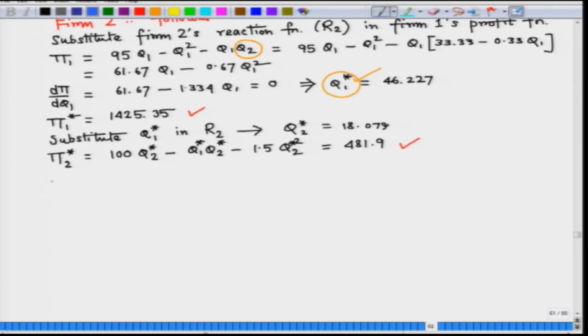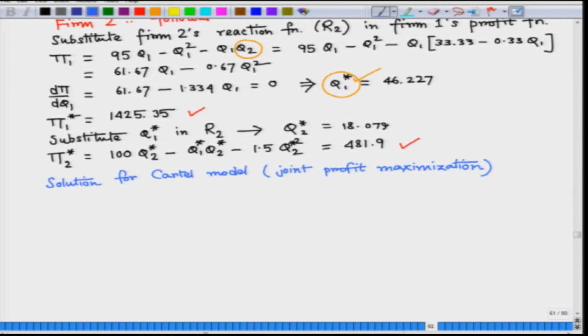So, we will now discuss the solution for the cartel model, and that is basically the case of joint profit maximization. Okay.